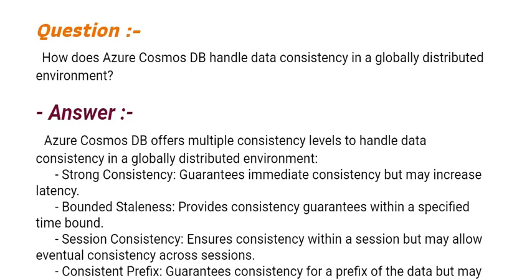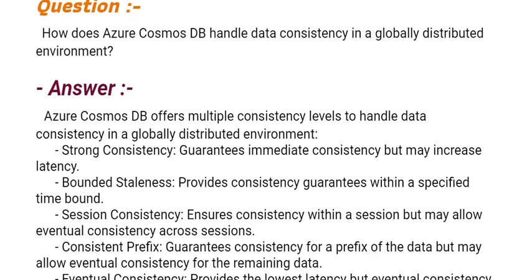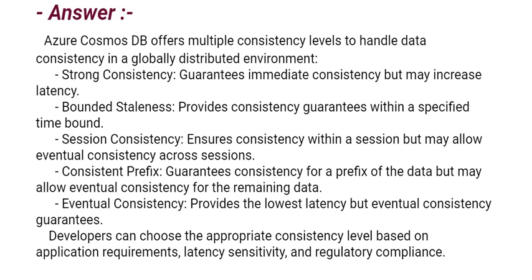Third is session consistency, which ensures consistency within a session but may allow eventual consistency across sessions. Fourth one is consistent prefix, which guarantees consistency for a prefix of the data but may allow eventual consistency for the remaining data. Fifth one is eventual consistency, which provides the lowest latency but only eventual consistency guarantees. Developers can choose the appropriate consistency level based on application requirements, latency sensitivity, and regulatory compliance.